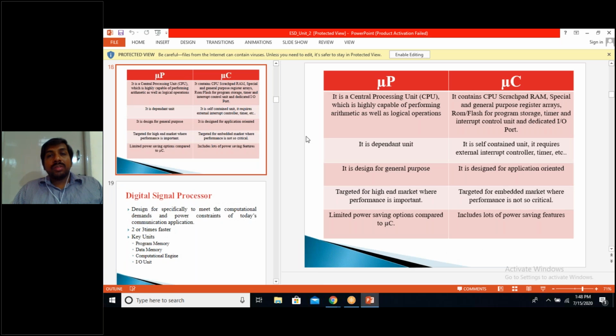So we'll differentiate what is a microprocessor and microcontroller. A microprocessor is nothing but a central processing unit capable of performing arithmetic logic functions.